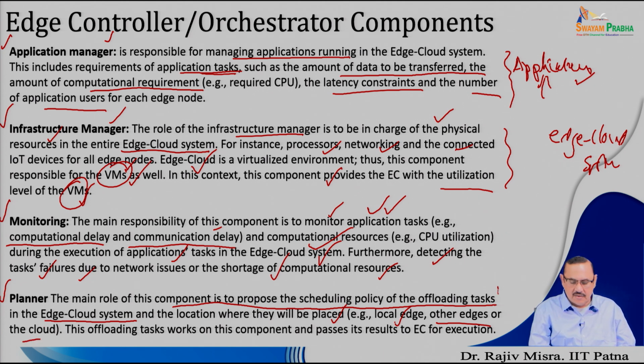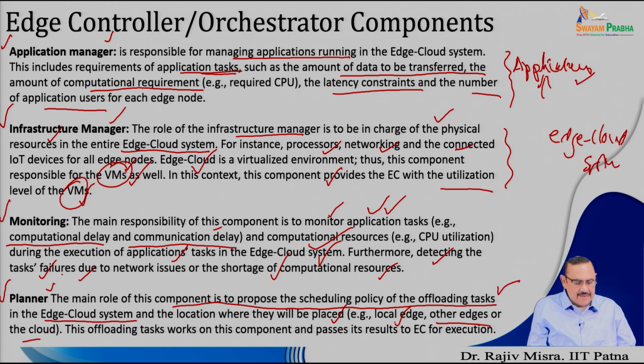So, this particular planner, after getting all this information from the application manager, infrastructure manager and monitoring manager, will decide the scheduling policy of the offloading tasks. This is the most important part, where you can think of applying intelligence.